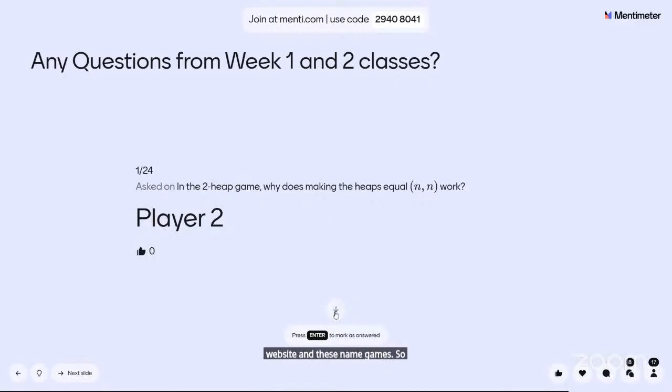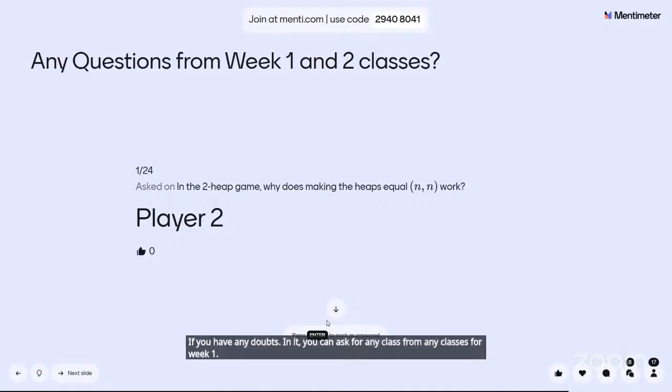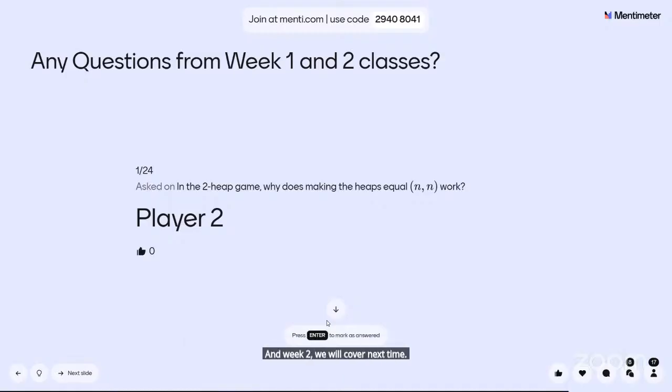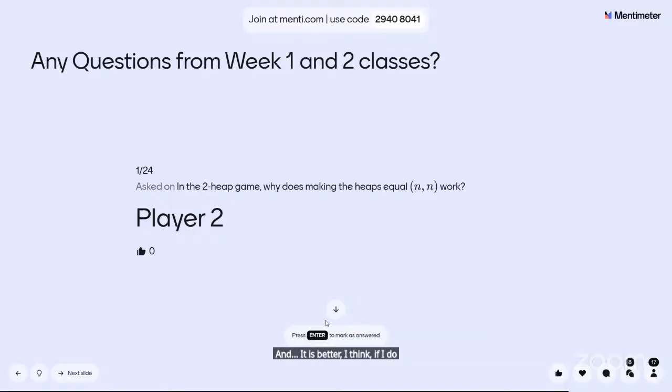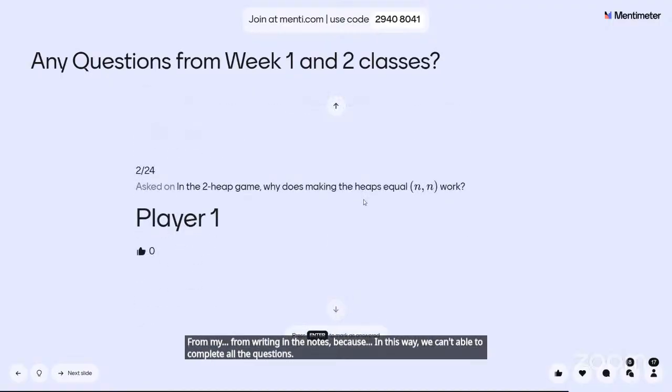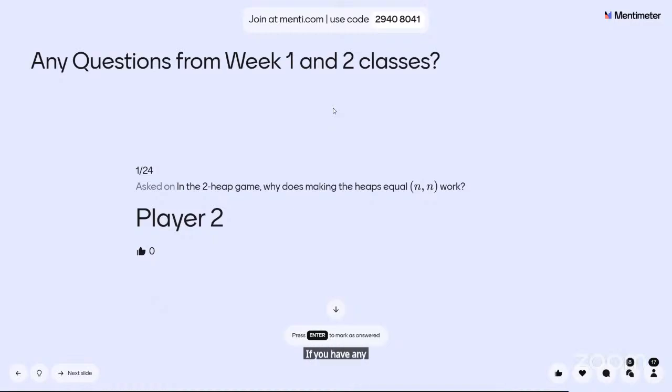Try and see what strategy you should follow. If you have any doubts, you can ask for any classes from week 1 and week 2, which we will cover next time. Week 2 is where we have covered all the Nim questions. For ternary we will try in the next class. And I think it is better if I do it by writing in the notes because in this way we can't complete all the questions. If you have any suggestions, you can ask and say.